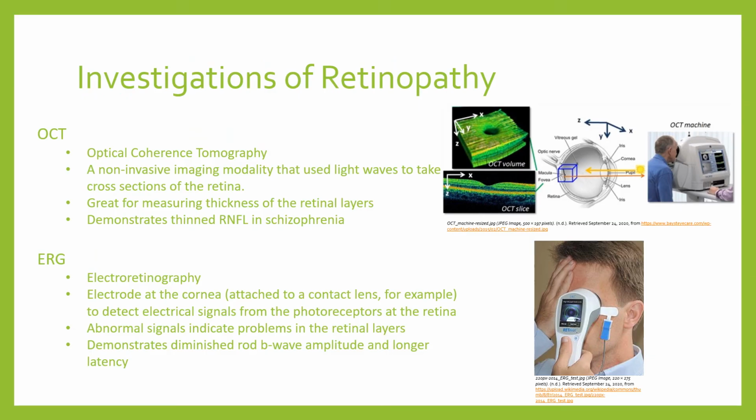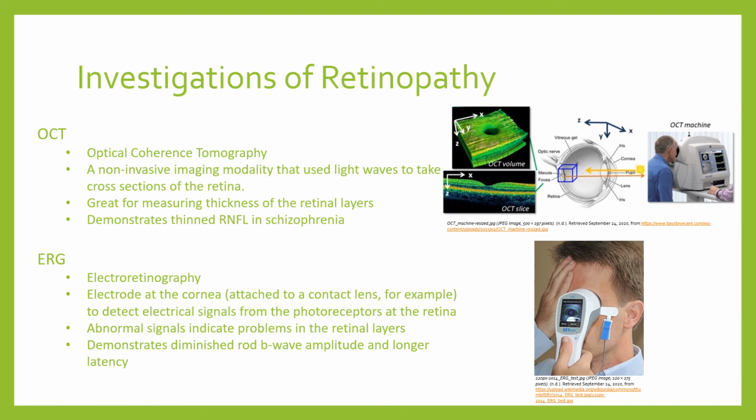So what I've described so far, the symptoms and signs of retinopathy and eye movement abnormalities, sound very qualitative, shall we say. You're probably wondering if there are ways to quantify these findings, and there are some investigations that can be done in terms of retinopathy. We'll introduce the OCT and the ERG.